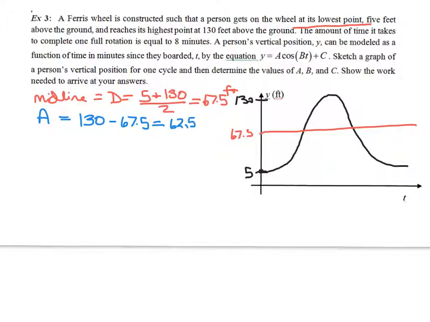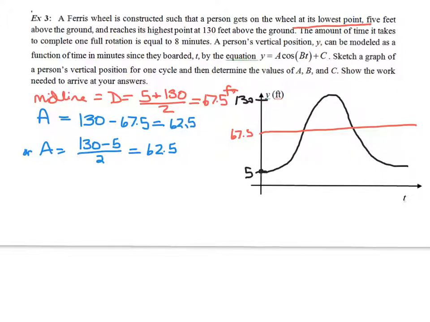Another option for A would be to say, if I know my highest point is 130, and I know my lowest point is 5, if I take the difference and divide it by 2, half of that distance has to be above the midline and half has to be below. So this is also giving me an answer of 62.5. So you can calculate your A in either manner.